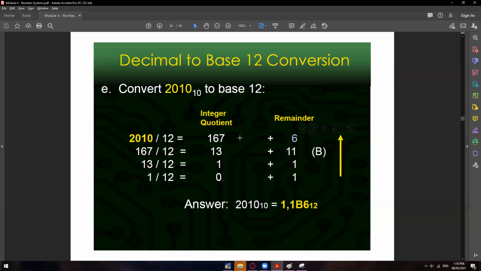Just keep on doing that until you have 0 as your value in your integer quotient. Whatever is the numerator of the last number right here, just put it as your remainder. And then you can now read this one from bottom to top. So this 11 will be converted to B. So 1, 1, B, 6, base 12.